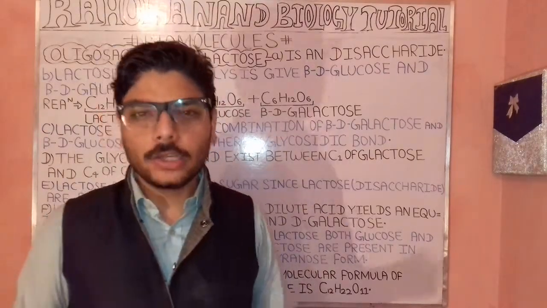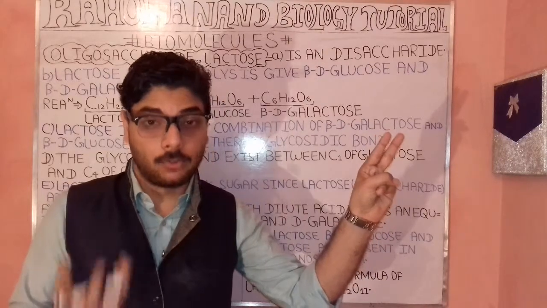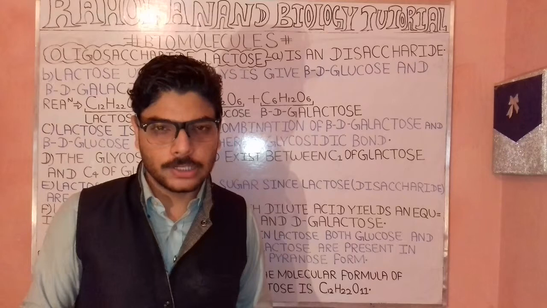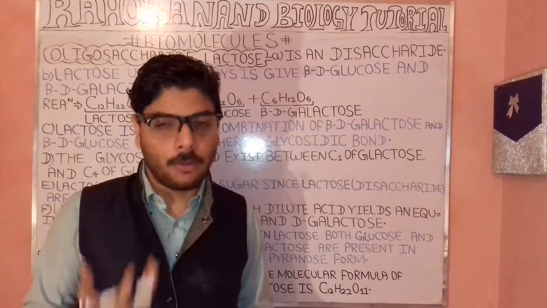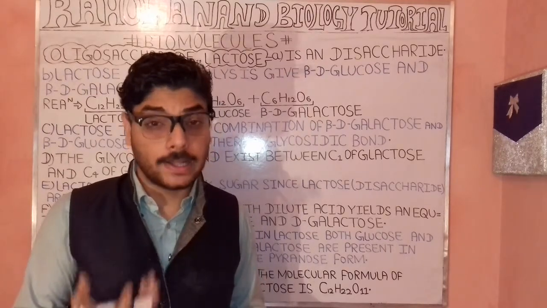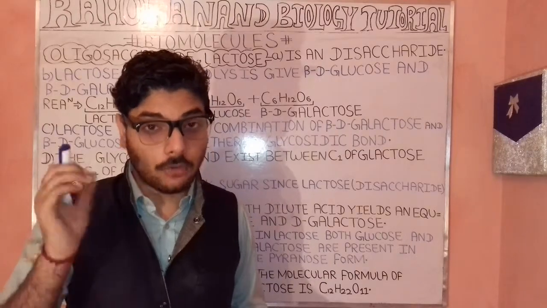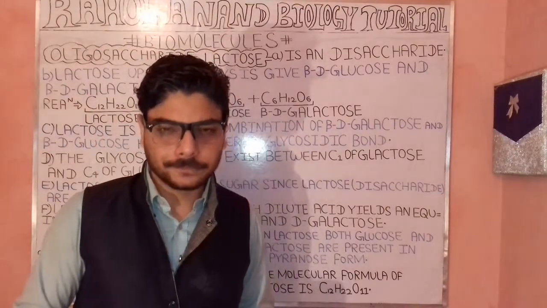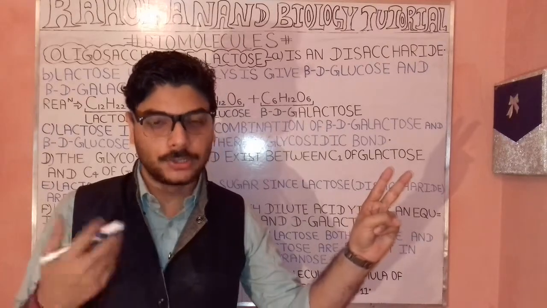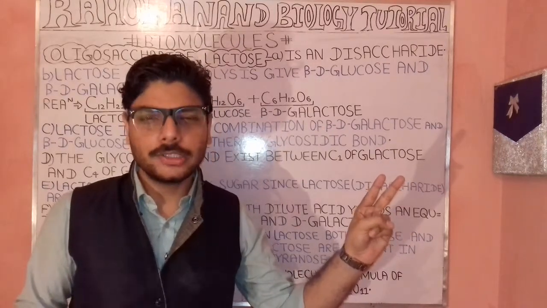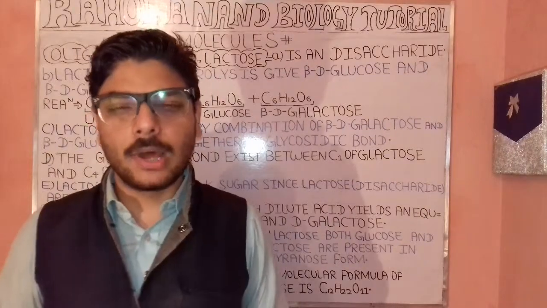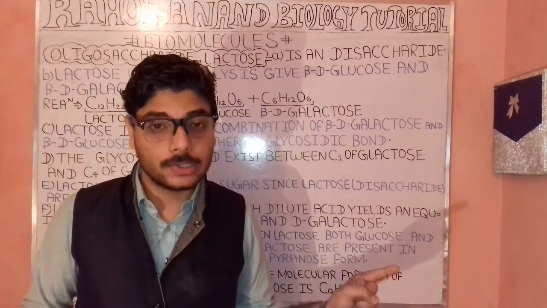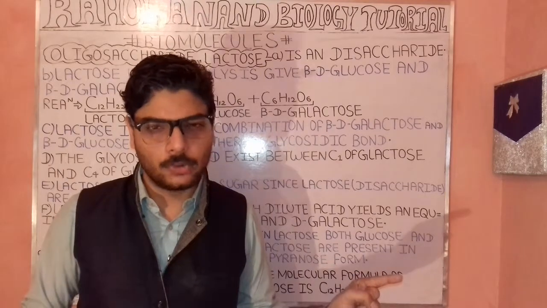In terms of the formula, lactose is formed by the hydrolysis of beta D galactose and beta D glucose. The formula is C12H22O11, which equals C6H12O6 plus C6H12O6.